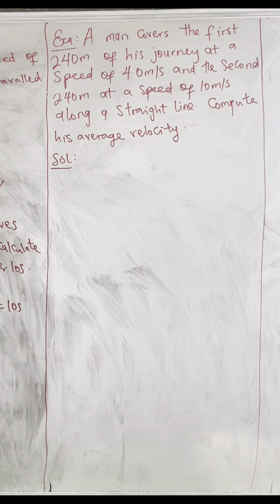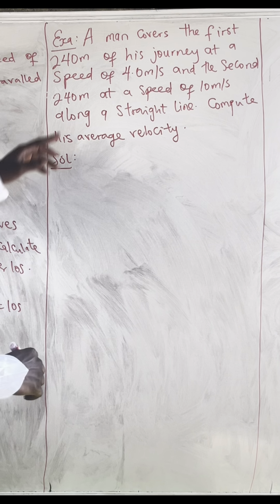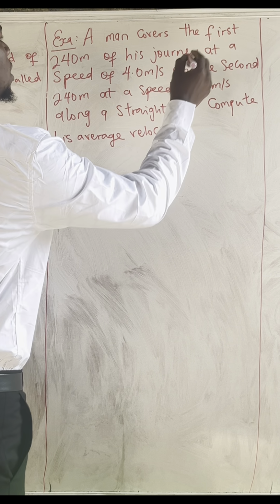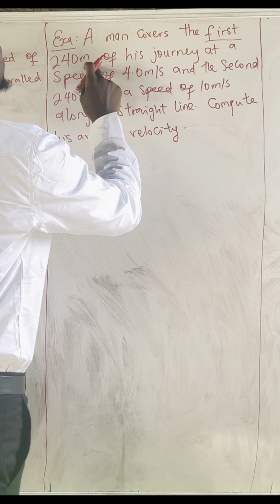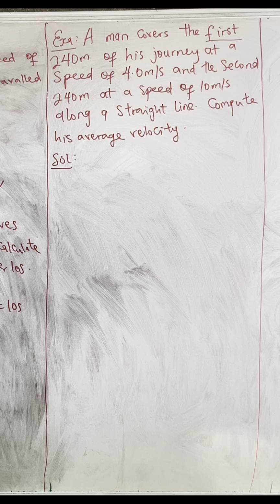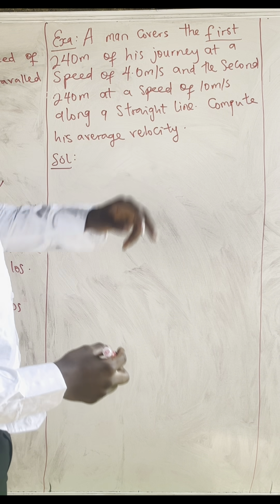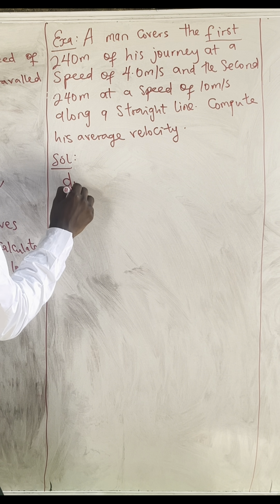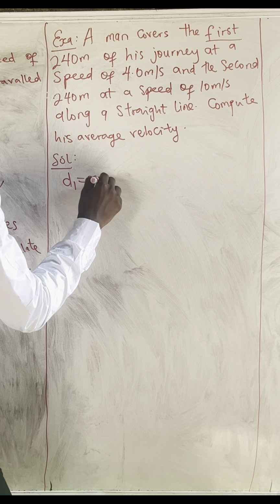Okay, guys, in this particular example, a man covers the first 240 meters of his journey at 4 meters per second. So I can say that the first distance d1 is equal to 240 meters.